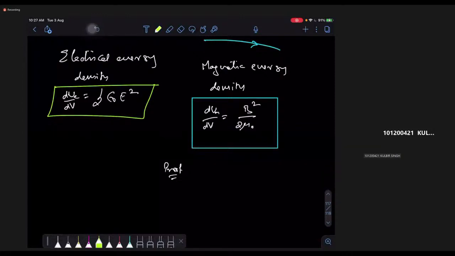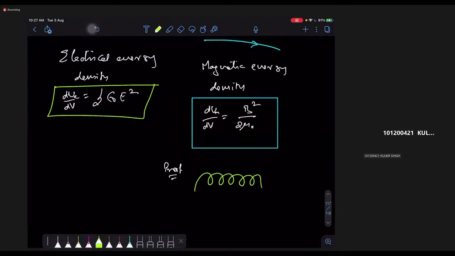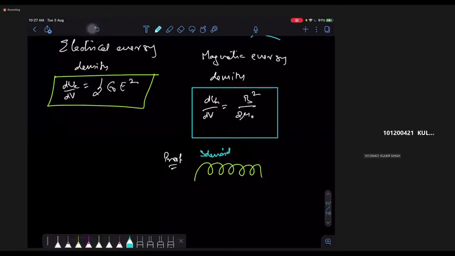Approximate in the sense that we have discussed that an inductor is just like a solenoid. The simplest inductor is a solenoid. So you can consider a solenoid, and the solenoid is going to carry some current. So the energy of the solenoid, I can say, is half L I squared.